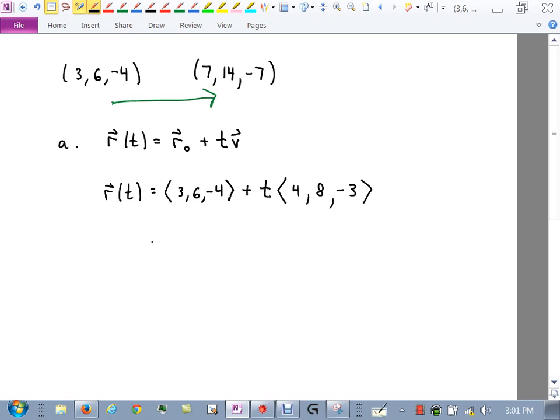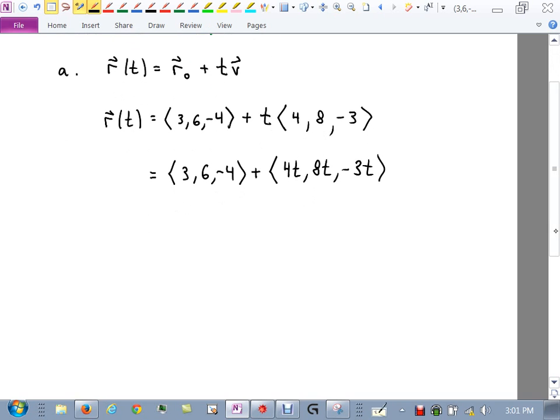Now at this point, I can distribute through with my t. Does anyone have a question at this point? Put these together. Add them component to component.